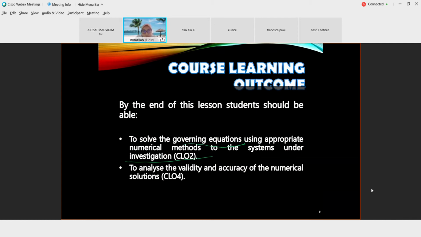So when you solve the governing equation, you know how to produce the error, comparing the methods and producing the error value. What kind of method gives good accuracy for our problem?